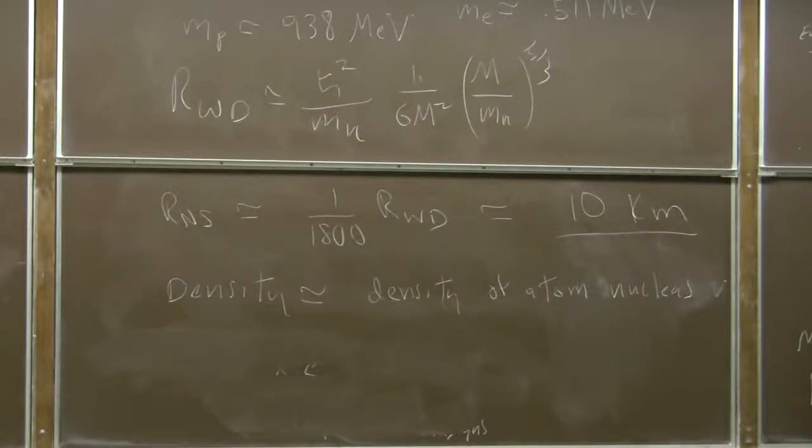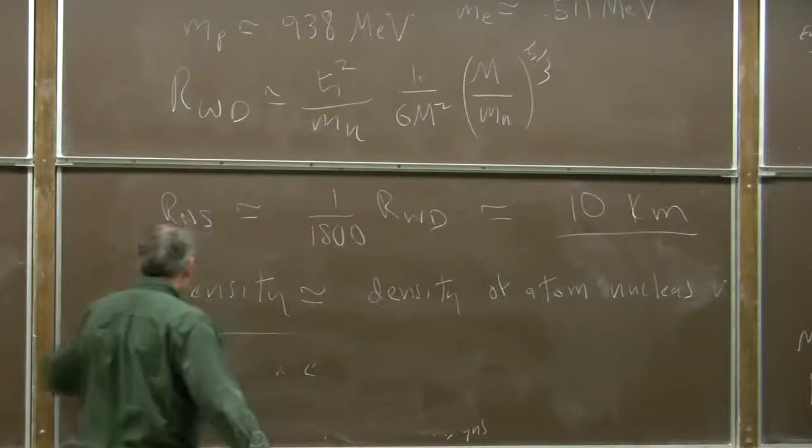Now, when the white dwarf collapses, or a star collapses, and it becomes a neutron star, there's a lot of energy released. Why is that? Where did all that energy come from? Right. Its gravitational potential energy went down by an enormous amount, and all that energy gets released.